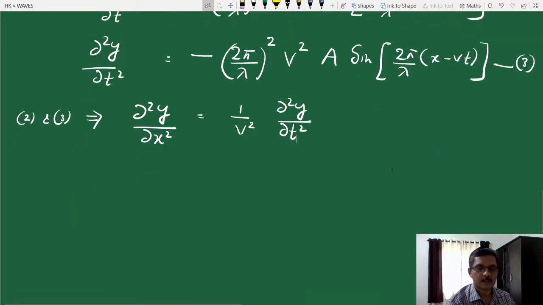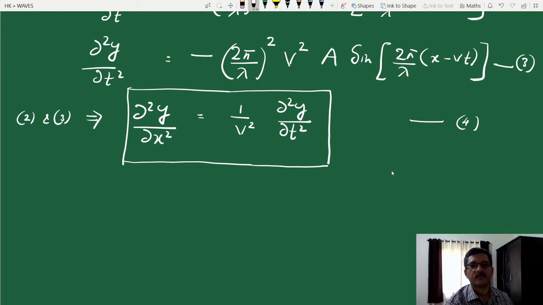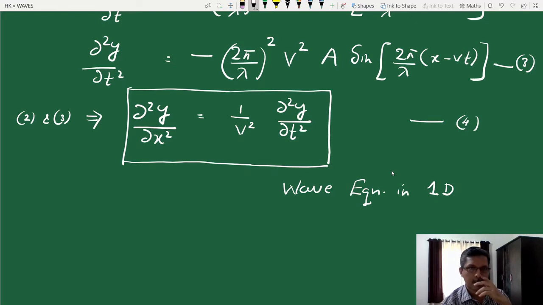Let us call this equation 4. This is the differential equation for wave motion along the x direction, along any one direction. This is called the wave equation in one dimension, because we have considered only propagation along the x-axis.